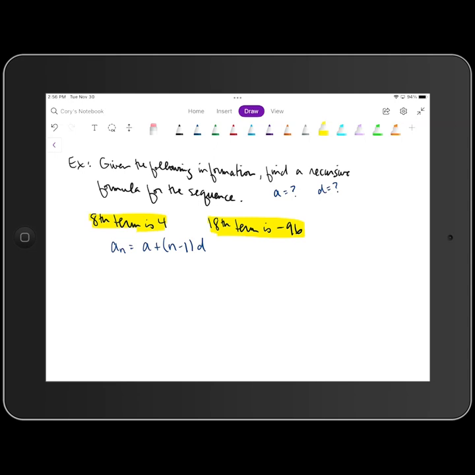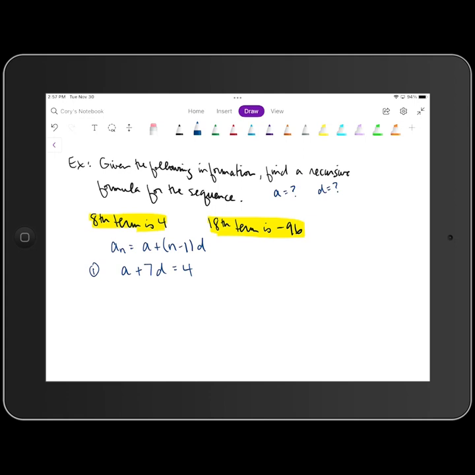If we take the information in that first highlighted statement where the 8th term is 4, I don't know what A is, but I know what n is because it's the 8th term. 8 minus 1 is going to be 7. So A plus 7D is going to be equal to 4. That gives me the first equation in my system of equations.